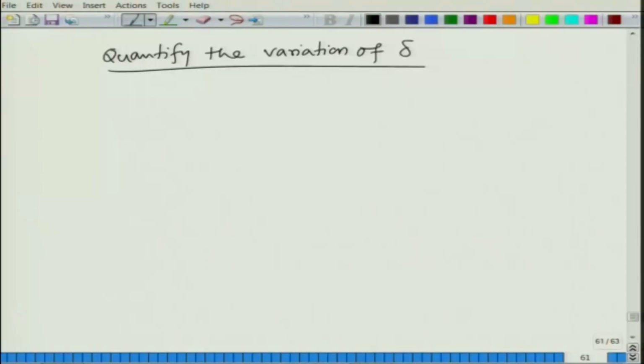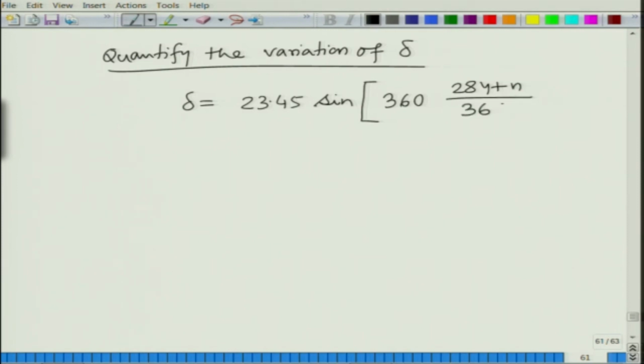It just depends on the earth's revolution around the sun, which is a standard thing. So, we can find this out and write an exact equation for it. So, declination angle is expressed as, let me first write and then I will explain each term.